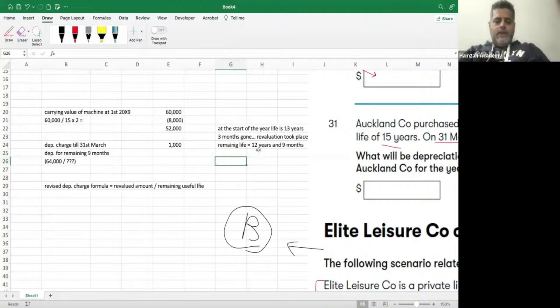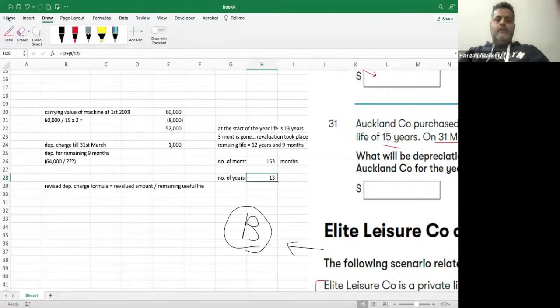First, I'll go for number of months. That's gonna be 12 into 12 plus 9. I have 153 months. And if I go into number of years, that's gonna be 12 plus 9 by 12.